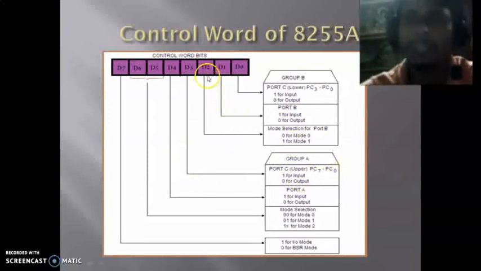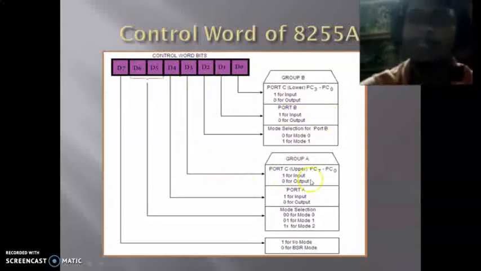If we write 0 here, port B can be used as mode 0, and if we write 1 here, then that can be used as mode 1. So this is basically group B. I already discussed in the block diagram that group B consists of port C lower and port B. So these 3 bits are used for group B, for the input output port selections as well as the mode selections of group B.